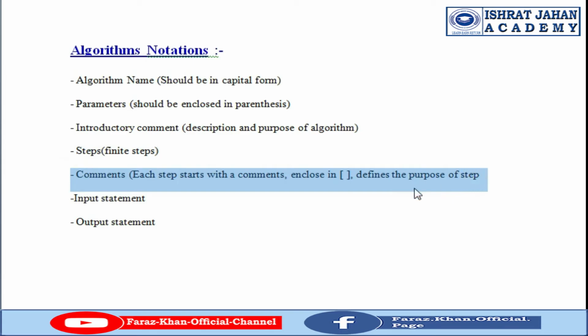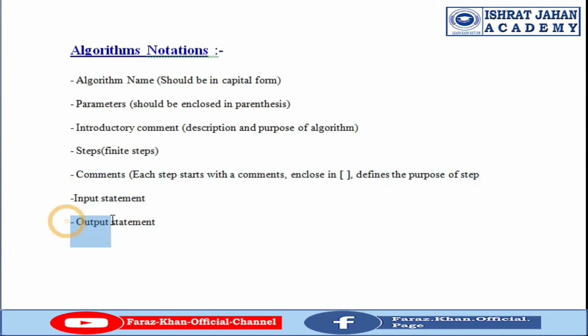Comments, each step starts with the comments enclosed in square bracket, which defines the purpose of step, input statement and output statement. So these are the notations of algorithm. I would strictly recommend at the initial level you should follow all the notations, but when you will be in practice, then it would be your choice whether you want to follow the algorithmic notations while designing algorithm or not.